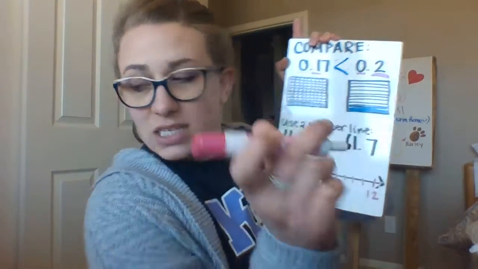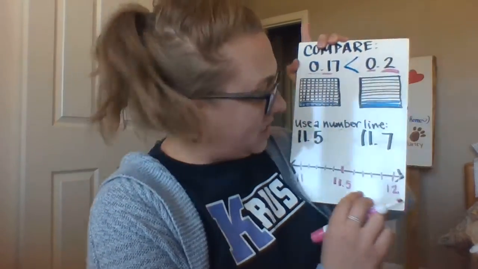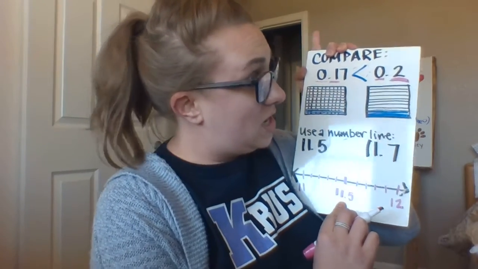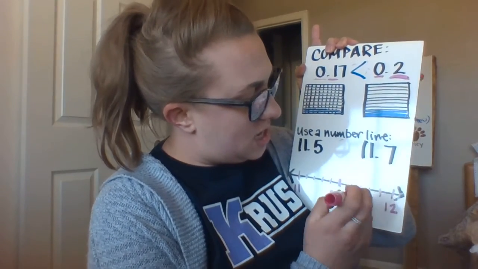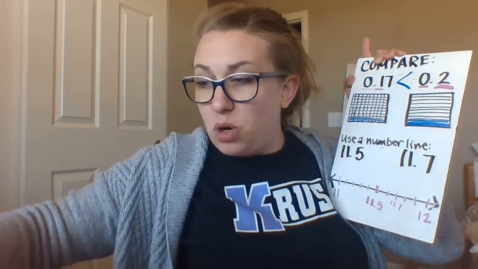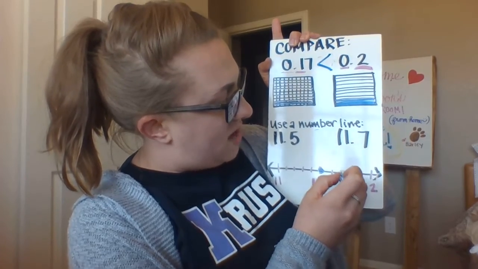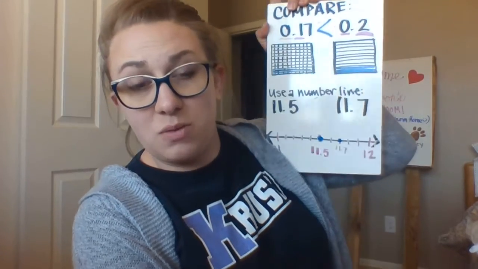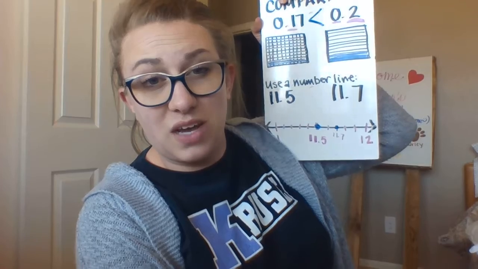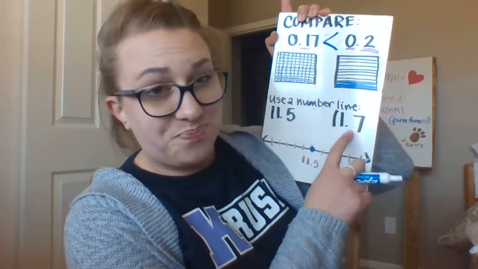So now let's find on this number line, where is our 11 and 7 tenths? Well, if this is 11.5, this is going to be 0.6. There's 11.7, or 11 and 7 tenths. Let me put a little dot on our number line here so you can see 11.5, 11.7, or 11 and 7 tenths, 11 and 5 tenths. Which one is greater? Which one is further over on the number line?